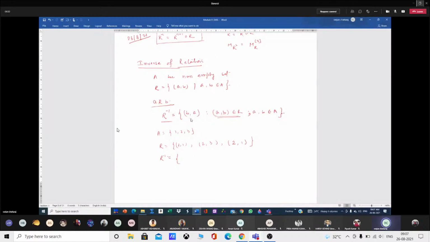So here we have (1, 1), for (2, 3) we have (3, 2), and for (1, 2) we have (2, 1). This is your R inverse. Is it clear?